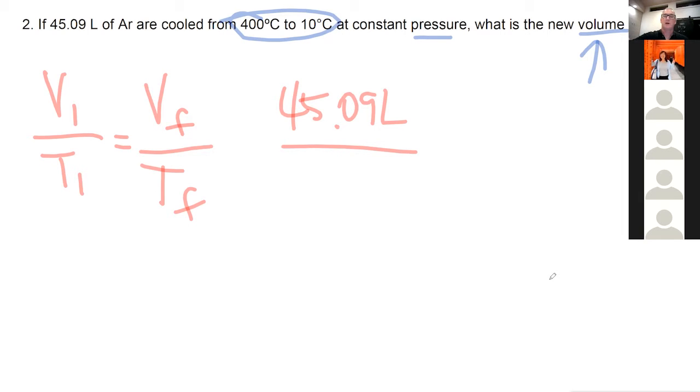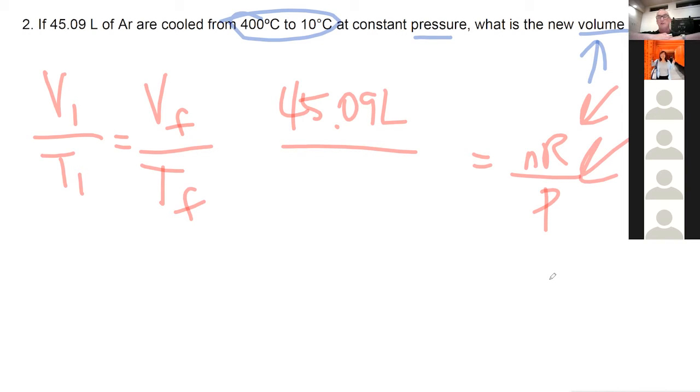Because V1 over T1 is equal to nR divided by P. So my initial volume divided by my initial temperature is going to be equal to this. I don't know what the number is, but I also know that my final volume divided by my final temperature is also going to be equal to this.